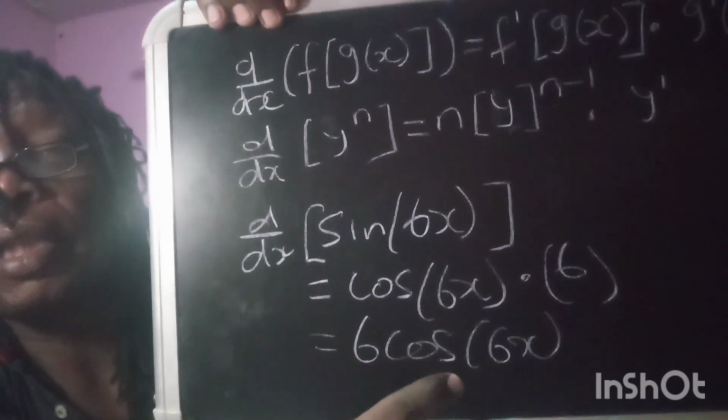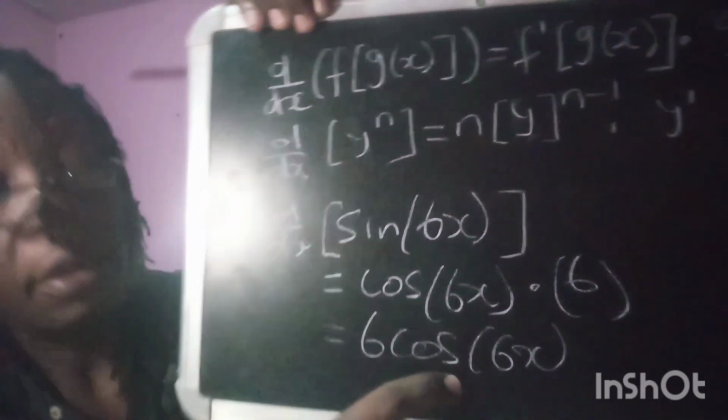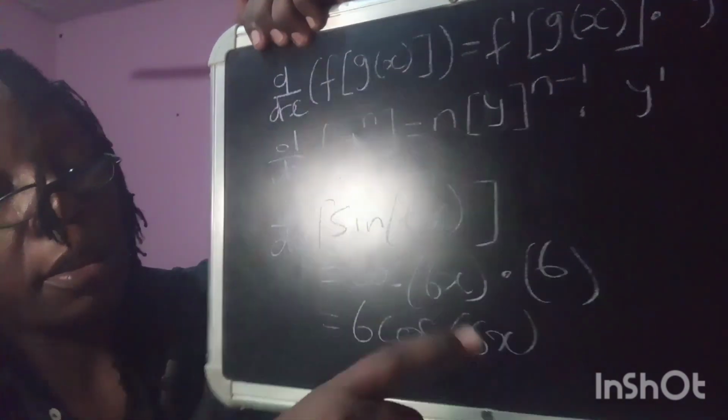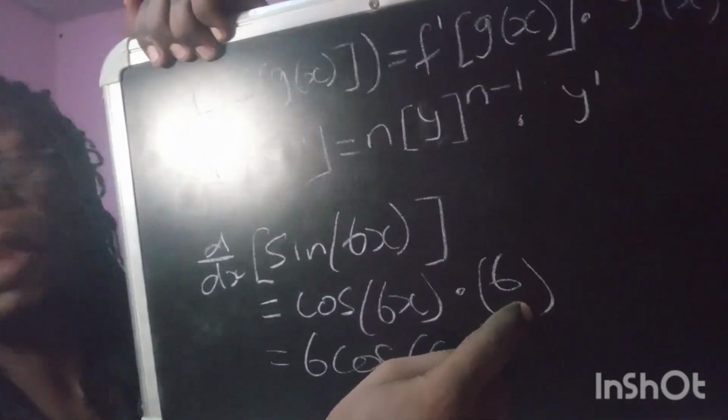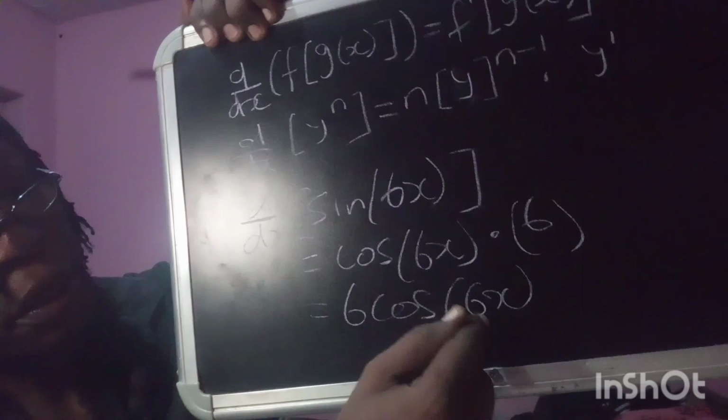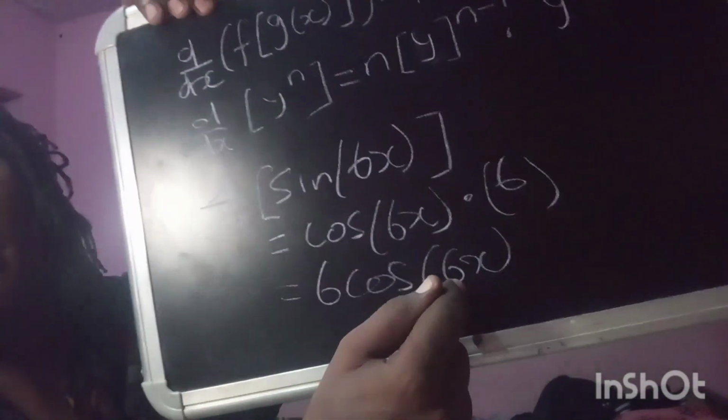So cosine into the derivative of 6x, which is 6, and now you multiply them, so it will be 6 cosine 6x.